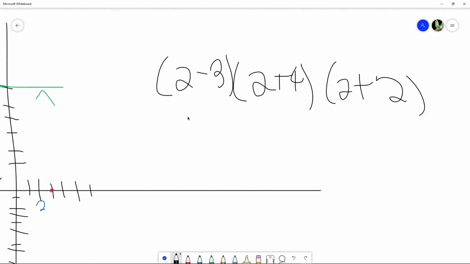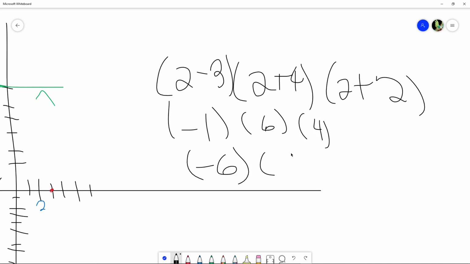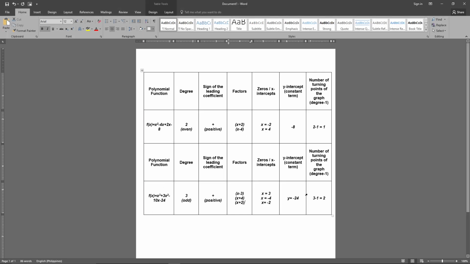Make use of your calculator here, or you can just solve for it. Actually, you don't need a calculator. Negative 1, 6, 4. Negative 1 times 6 is negative 6. Negative 6 times 4 equals negative 24. As I've said before, this is negative 24. And there you go.